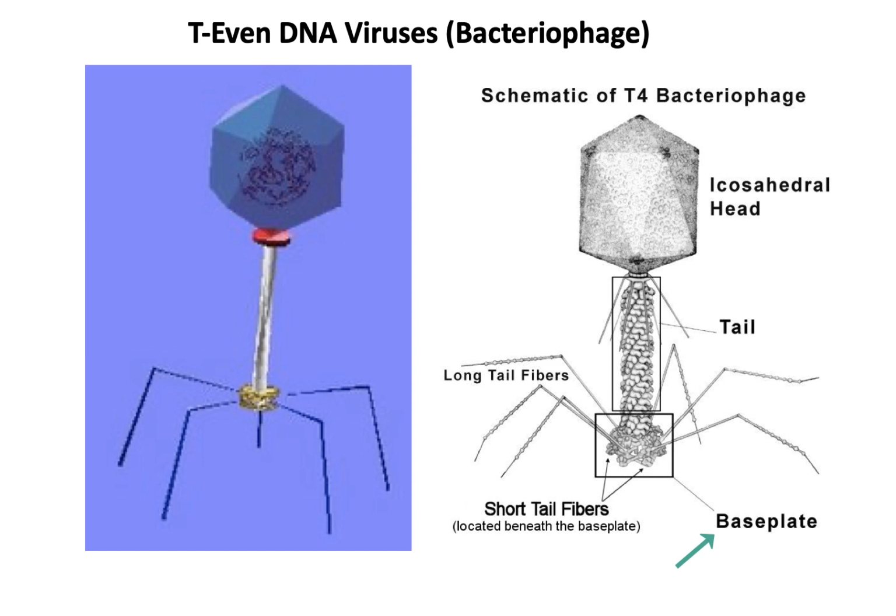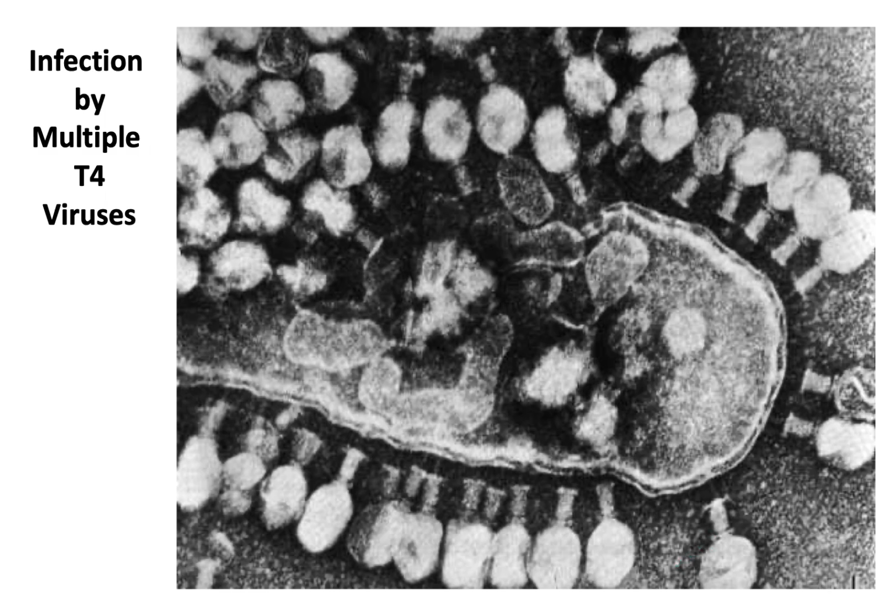coli cells. This is a transmission electron micrograph negatively stained preparation showing a cell that was unlucky enough to be infected by many T4 viruses.